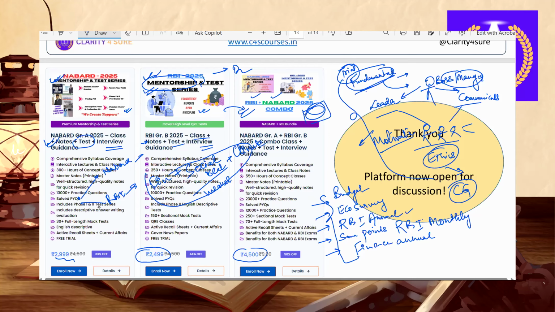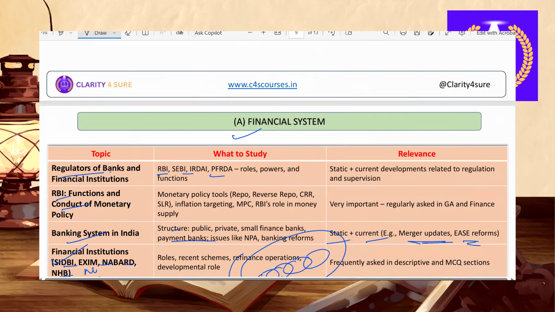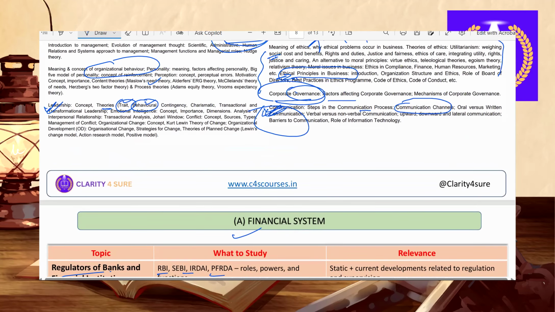For preparing the notes, Muskan, as you are saying from the website, this is the smart way I'm suggesting. When you are going through the daily current affairs, I will explain how to do that.